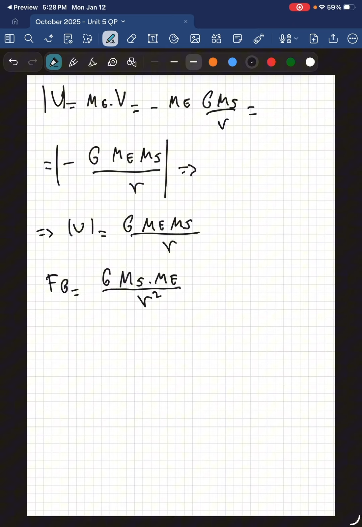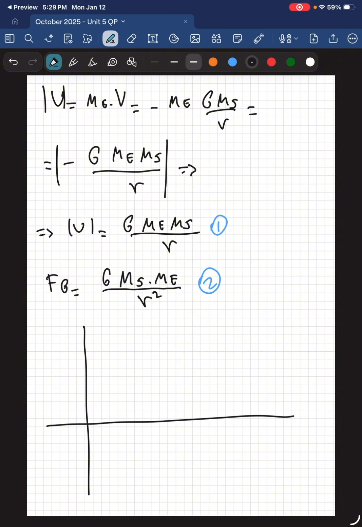So if I plot these two things, this equation 1, this equation 2, they will look very similar, okay?